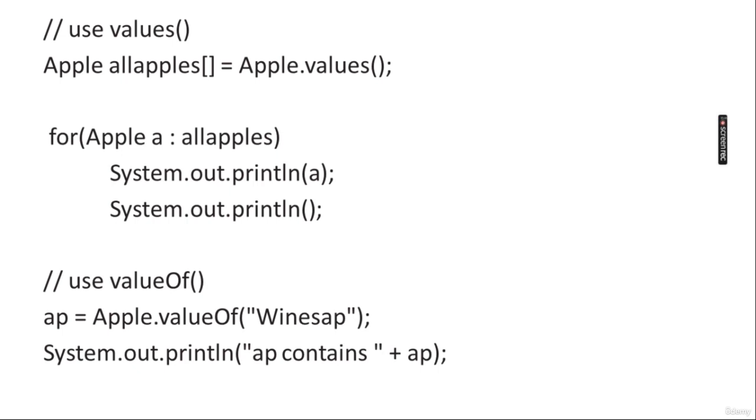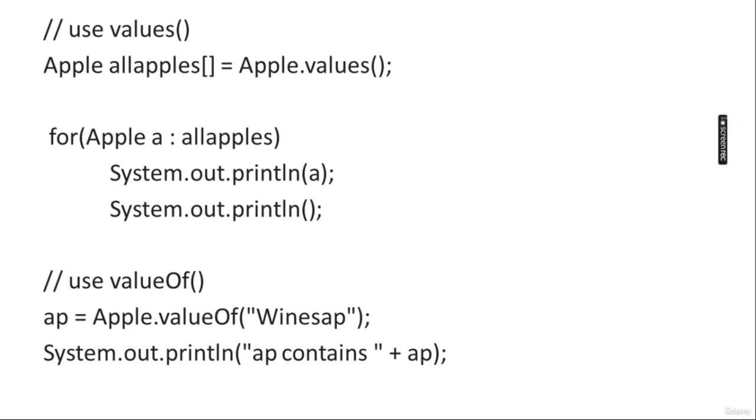Okay. So for the allApples array, I will take each and every apple constant in a variable, like we used in a for loop, like for integer i is equal to 0, i less than 10, and i plus plus. That i is used to iterate through the for loop. Here I am using this A to iterate through the for loop. Here I will print out this A. If I am printing it out like A, it will give me its name as output, the name of the enumeration constant.